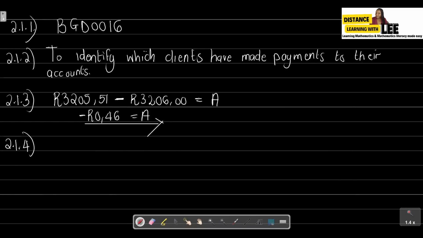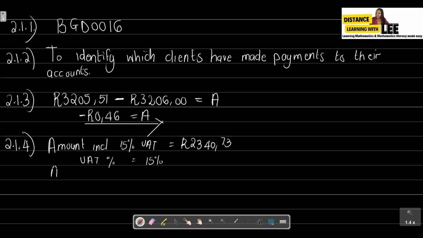We are told that the amount including the 15% VAT is equal to 2,340.73. We know that the VAT percentage is equal to 15%, and we want to calculate the amount excluding the 15% VAT.